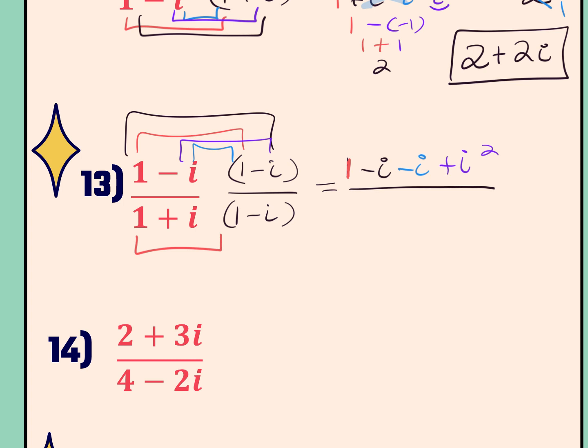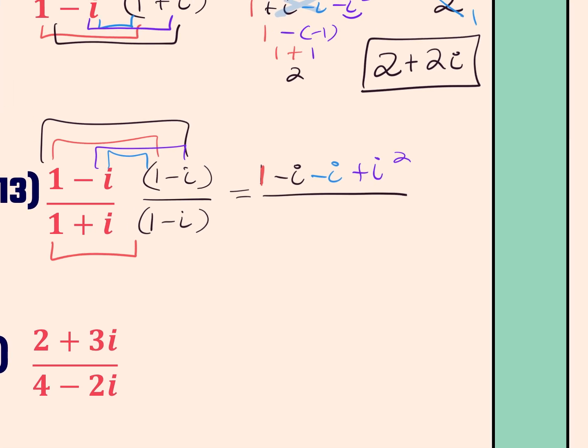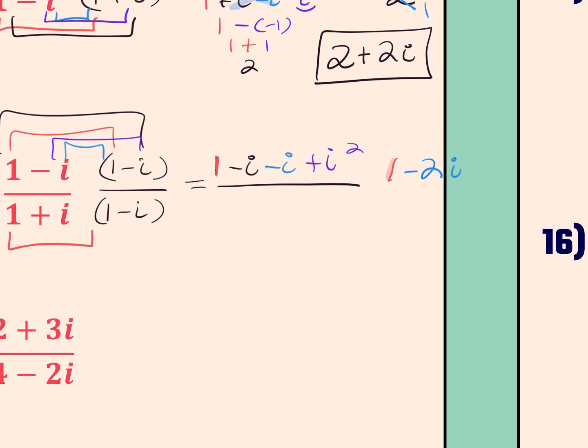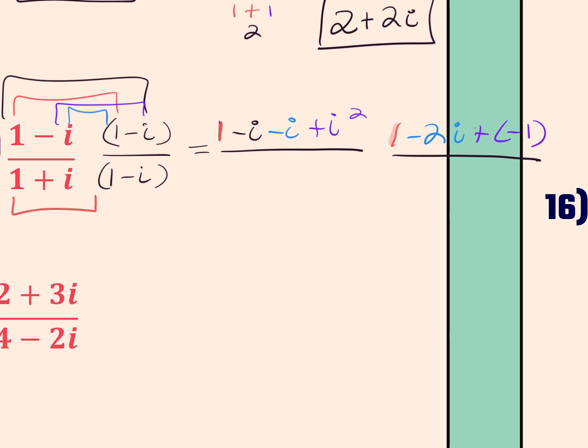Good catch. All right, and then here, let me go ahead and just simplify this top. This does not cancel. This becomes 1 minus 2i. And then the purple becomes plus negative 1, or just minus 1.